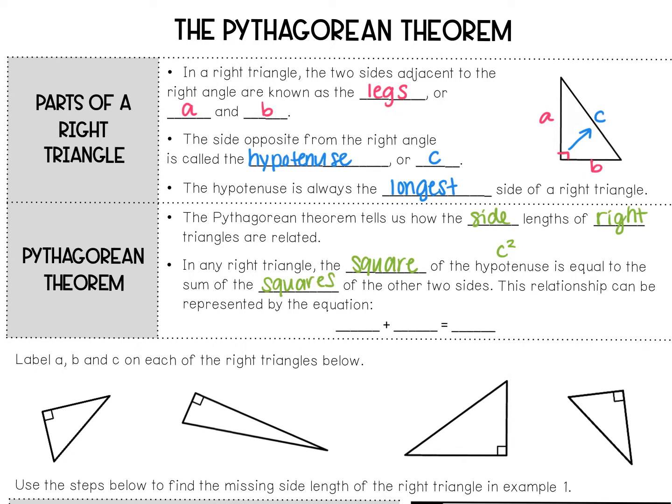This relationship can be represented like this. The square of A, or A squared, plus the square of B, or B squared, has to be equal to the square of C, or C squared. So square the legs, add them together, and that has to equal the square of the hypotenuse.